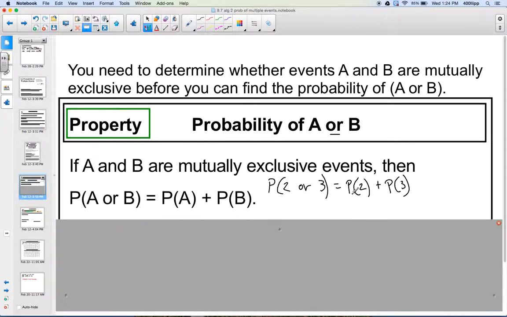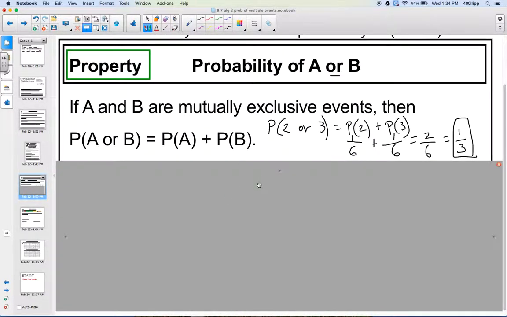There's only one side that has a 2 out of the 6 sides on the number cube, plus only one side that has a 3 out of the 6 sides. We can add these. 1 plus 1 is 2 over 6, and we can reduce that to 1/3. And that's how we would find the probability of that.